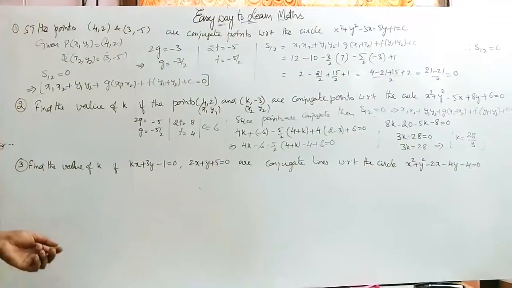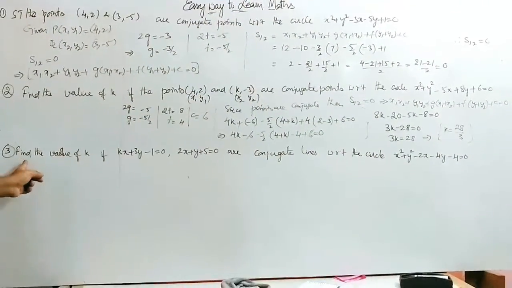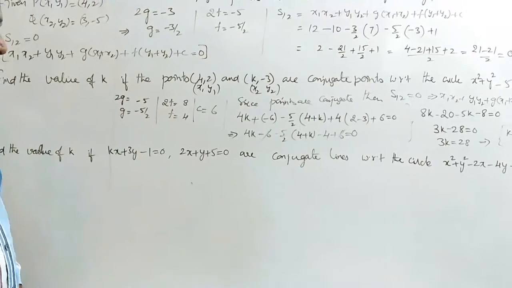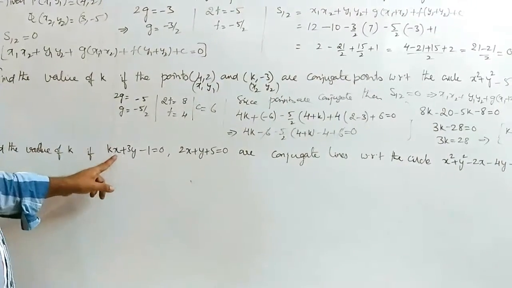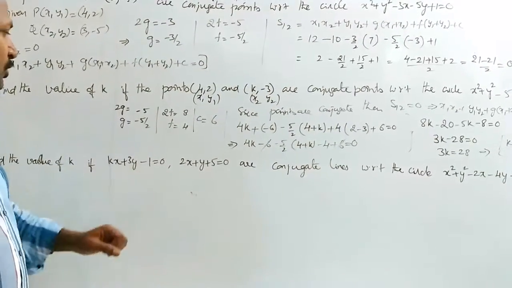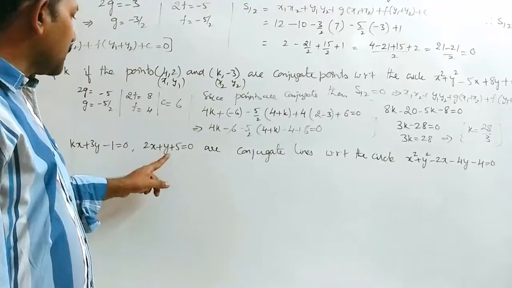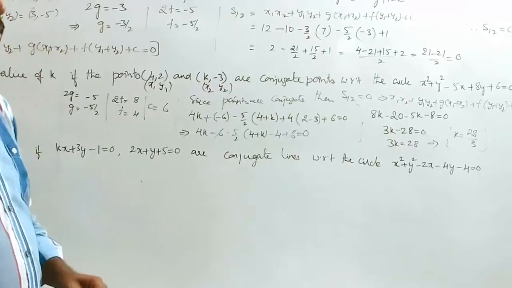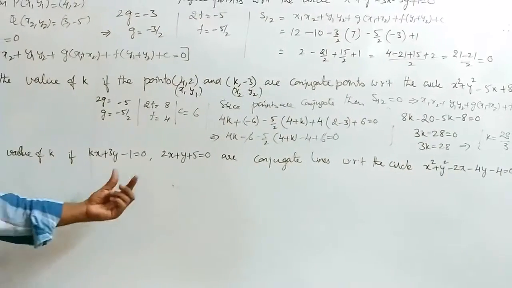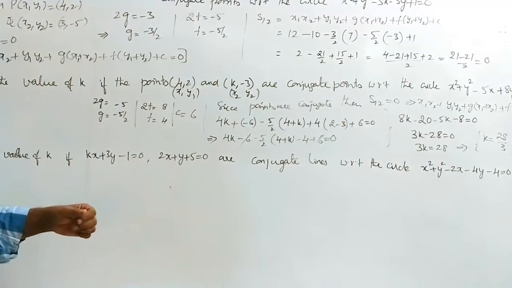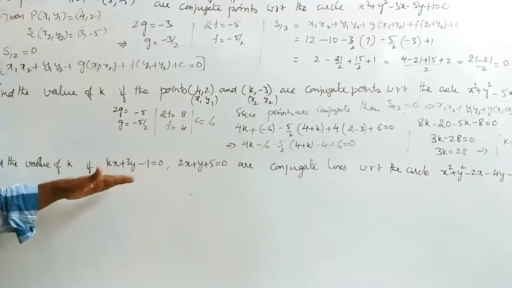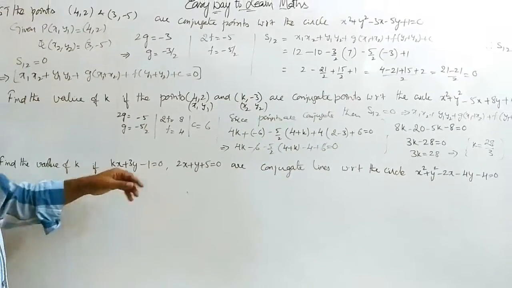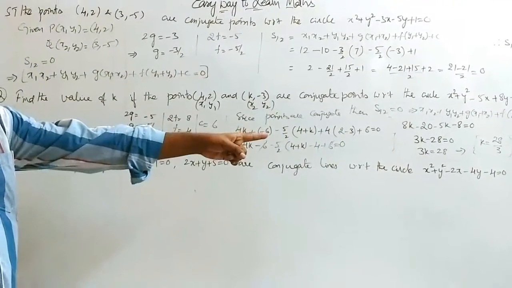Now here, find the value of k if kx plus 3y minus 1 equal to 0 and 2x plus y plus 5 equal to 0 are conjugate lines. Here also it is already given that the two lines are conjugate lines. By using that condition, we have to find the value of k with respect to the circle S equal to 0.